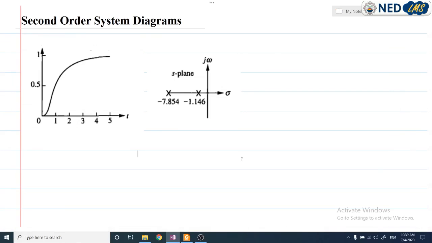So due to high damping, the output response will take more time to achieve the final steady state value. So we will discuss the remaining three responses, namely underdamped, undamped and critically damped, in the next lecture.